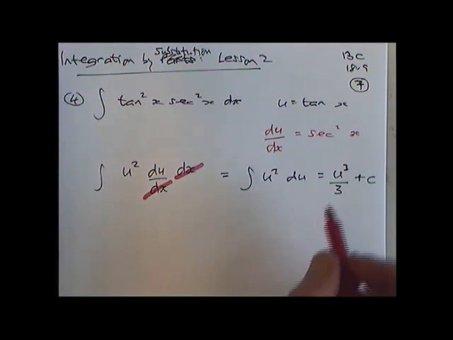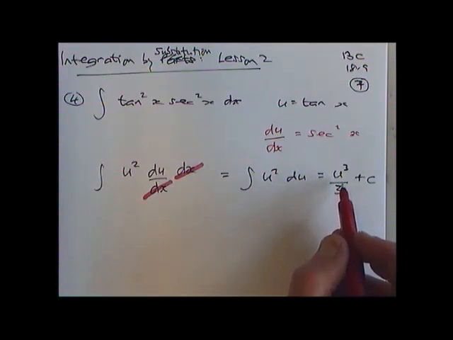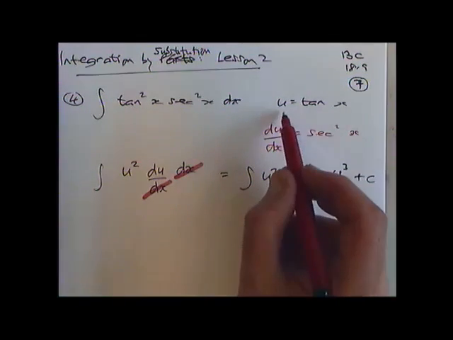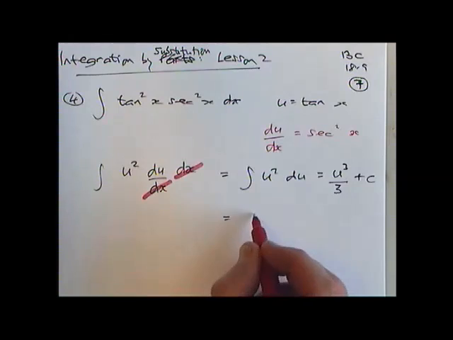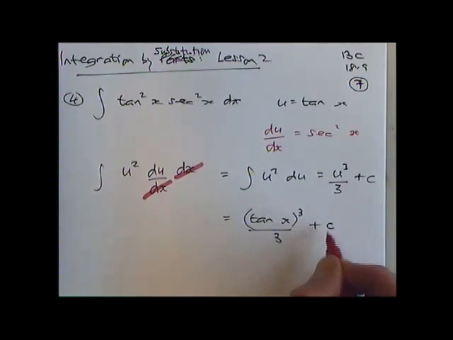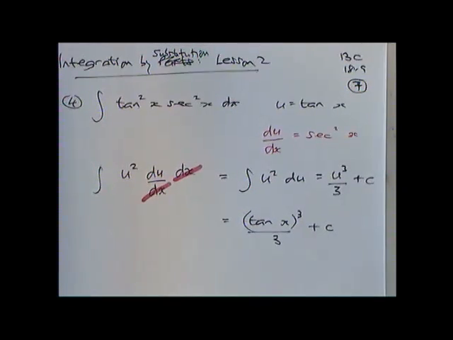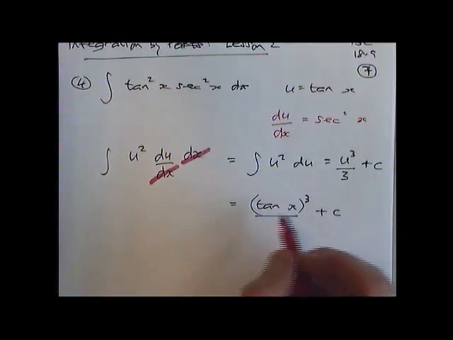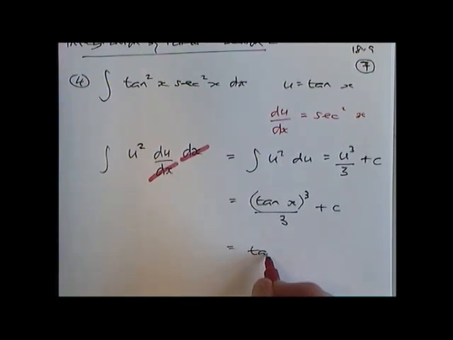All we need to do now is change that u into whatever it is in terms of x. Well, u is tan x. So that answer becomes tan of x cubed over 3 plus c. Often, instead of writing the tan of x like that, you would put tan cubed of x.